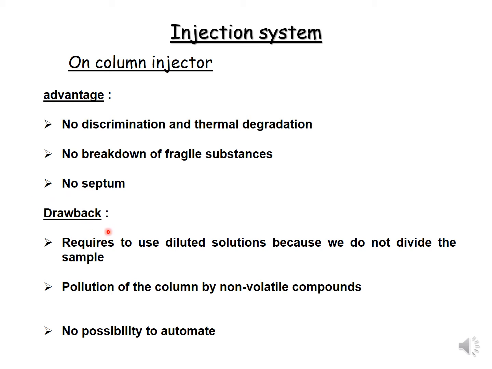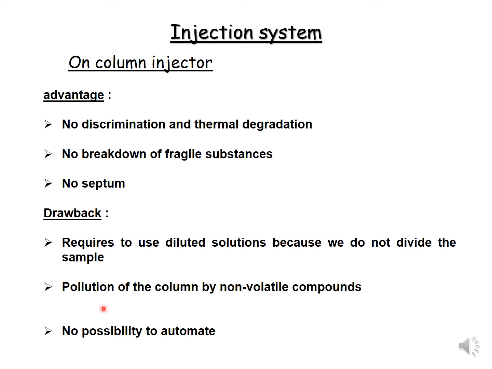But there are, of course, some very important drawbacks. Especially, it requires the use of diluted solutions, because we don't divide the sample as in the split injector. So this is not made for a very concentrated sample.